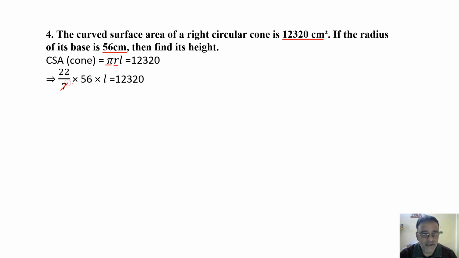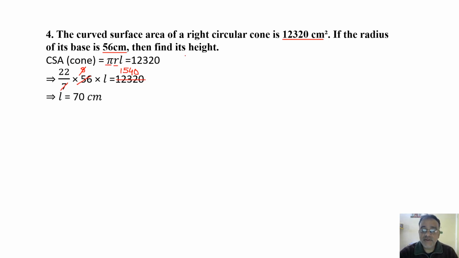So we will cancel this here. 8, right? We can cancel further also, by 8. 1540, I have cancelled by 8. Then 1540 divided by 22 is 70. So we get L equal to 70 centimeter.